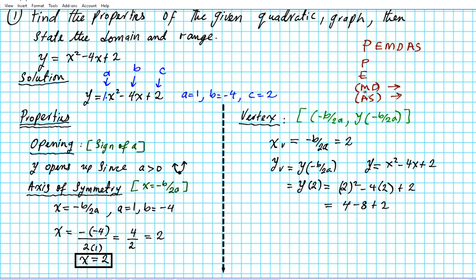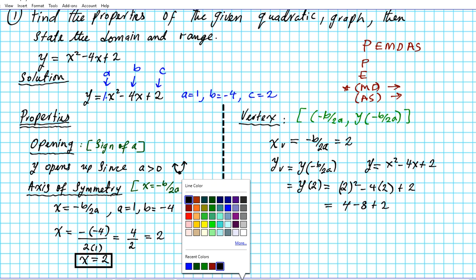Just keep that in mind, especially when it comes to multiplication and division. This is where most students make mistakes. They think, oh, you always multiply first before you divide. That's not the case. You multiply and divide at exactly the same time, but you do it from left to right. Addition and subtraction, you do at the same time, but you go from left to right.